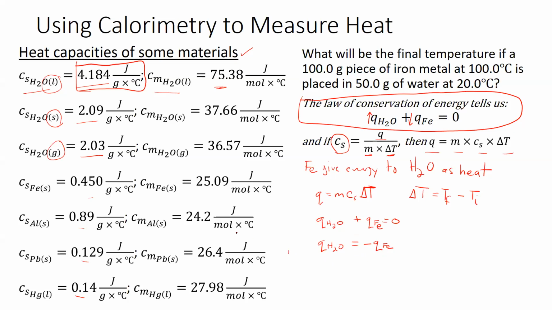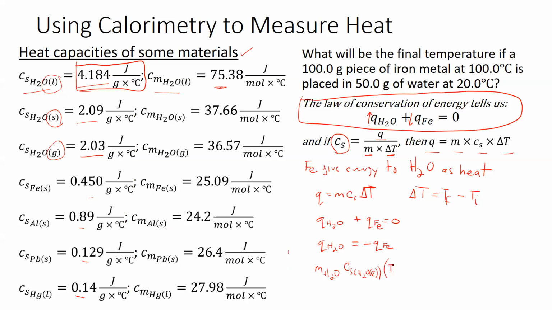So let's take what we know there, okay? We've got Q for water and Q for iron, and if Q is equal to MC delta T, we have the mass of water times the specific heat of water, and I'm going to specifically say H2O liquid there, times the change in temperature of water.